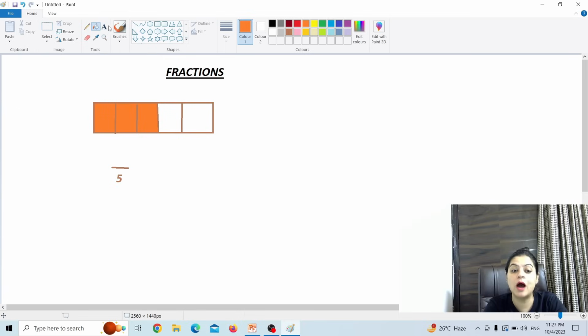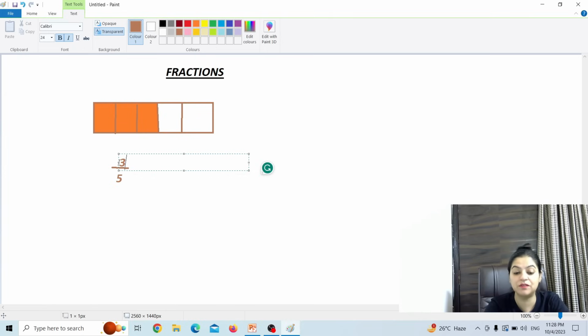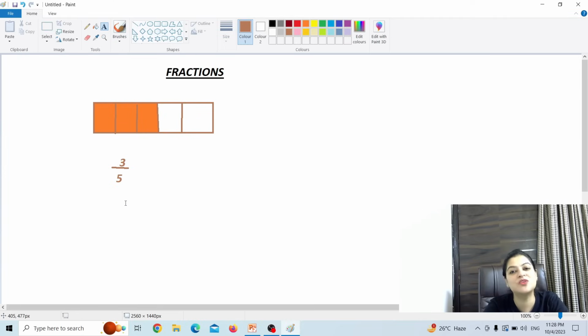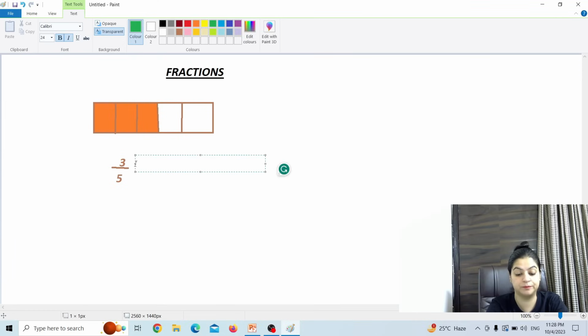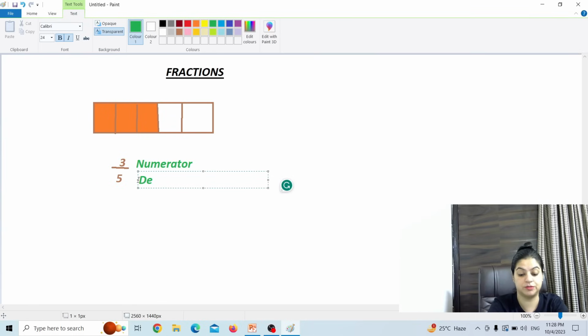Okay, so how many pieces do I have now? 5. Total 5 are there. Out of that 3 pieces I have given. So the fraction becomes 3 out of 5. Okay, so the number that is at the top, we call this number as numerator, and the number below the line is called denominator.